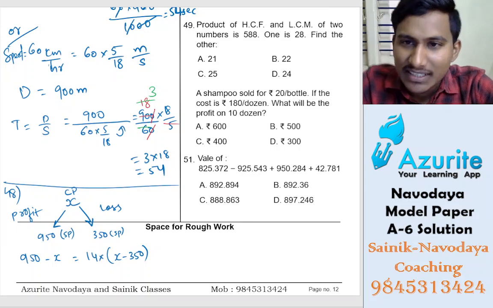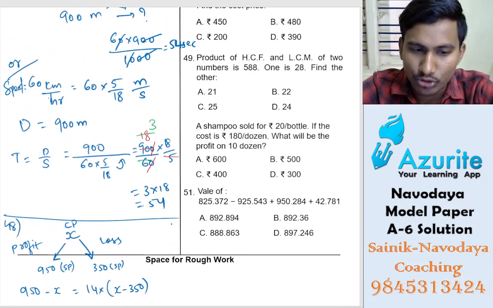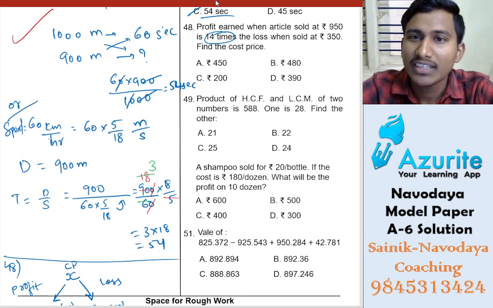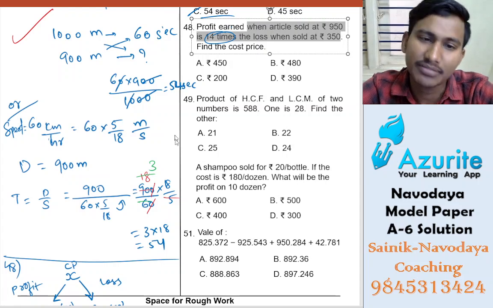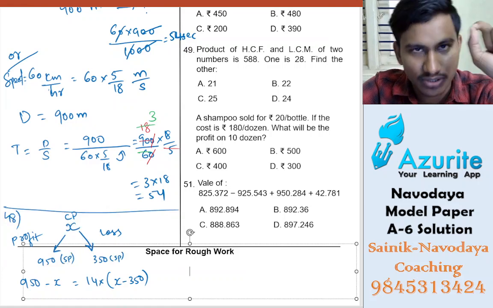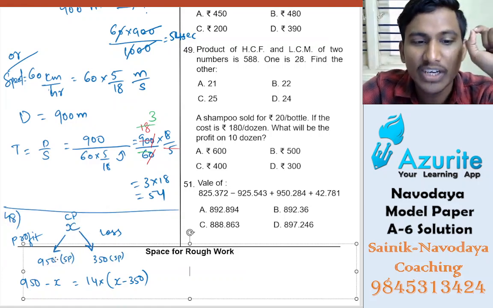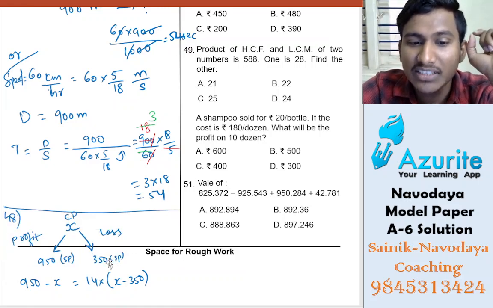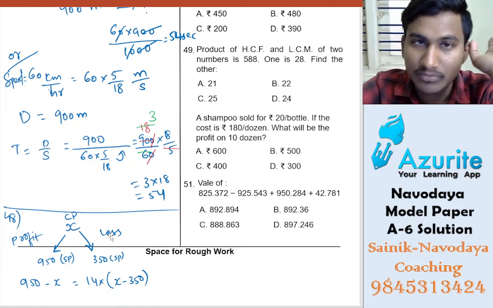So students, listen here, question 48. What is the question here? Profit earned when sold at 950 is 14 times the loss when sold at 350. So here, if you take x rupees as the cost of a pen, sold at 950 rupees, that is a profit. If sold at 350 rupees, that is a loss, right?